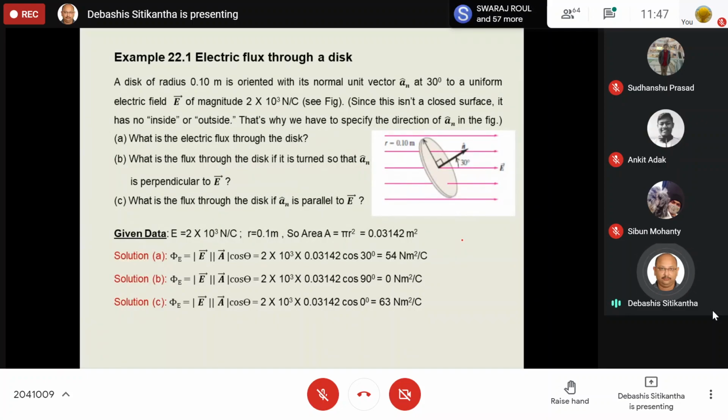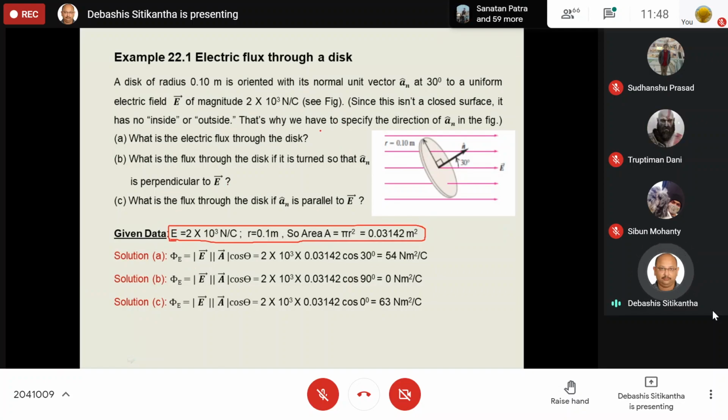For a scalar quantity, if the magnitude is known to you, then nothing is a problem in solving it. That is the reason why I have not expressed this electric field, this radius or this area in terms of vectors, because ultimately we are going to solve for flux, which is itself a scalar quantity.